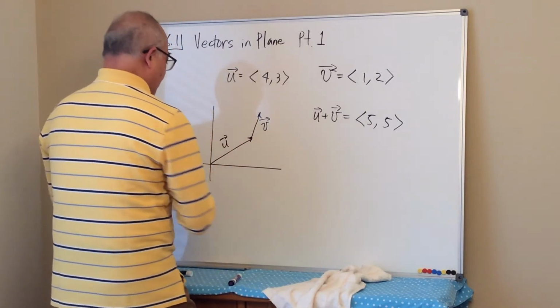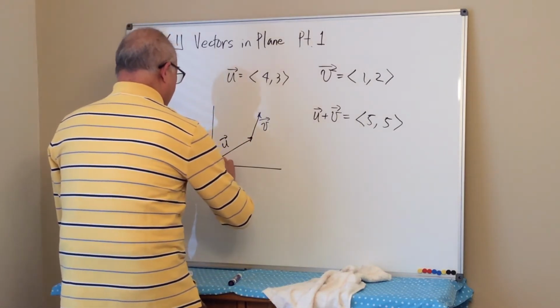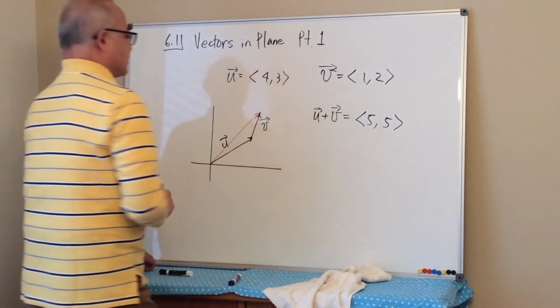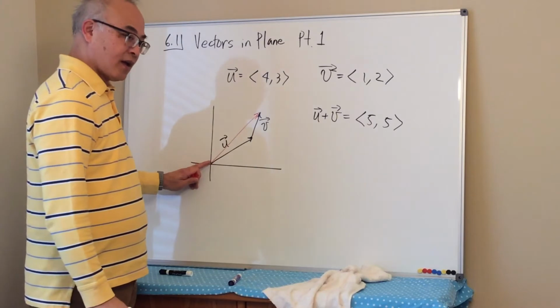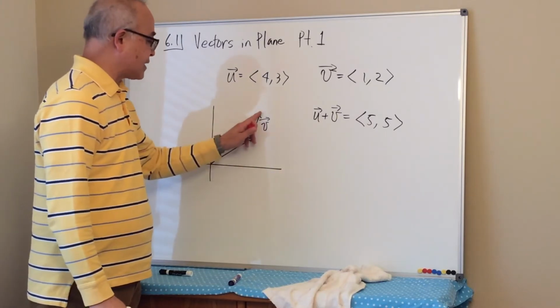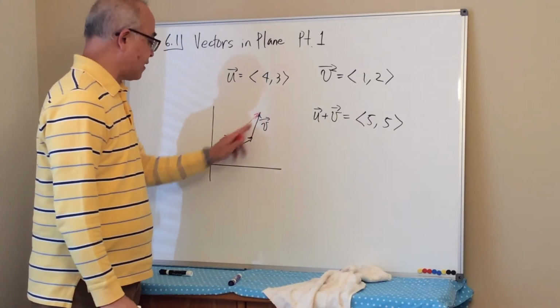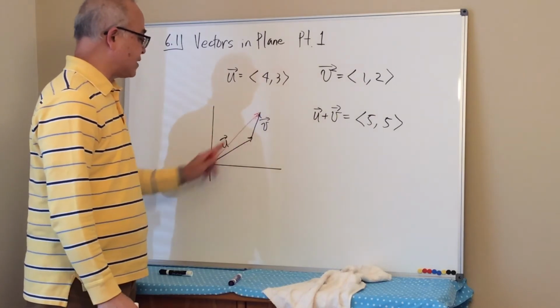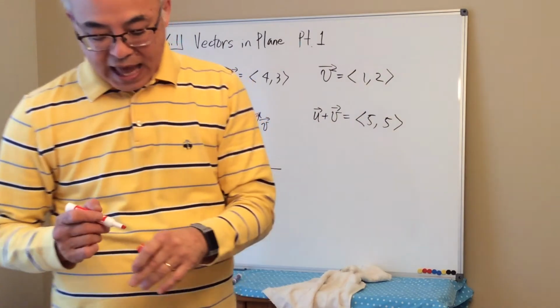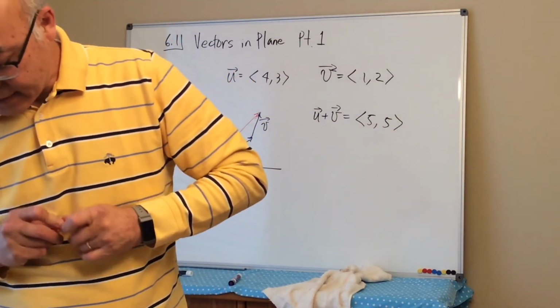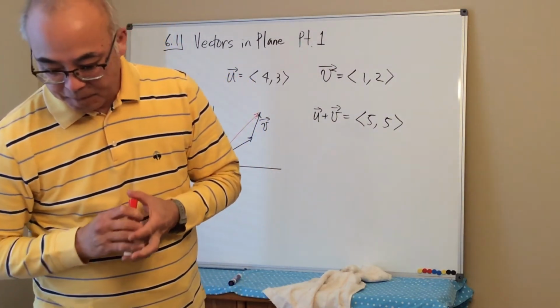The resultant vector looks like that. So in other words, we go from head to tail, head to tail, so it adds up like that. That is the resultant vector. You are just adding them up, going from head to tail.